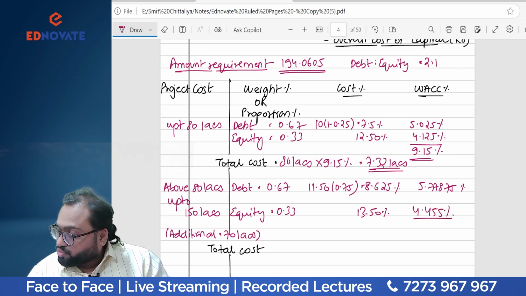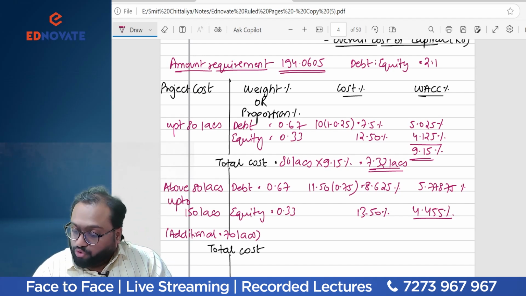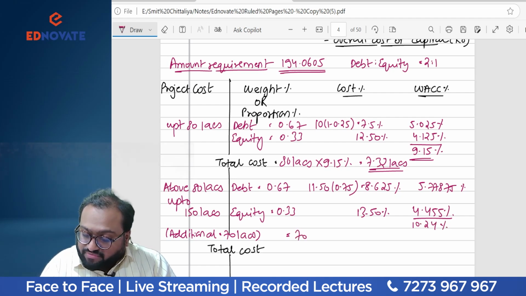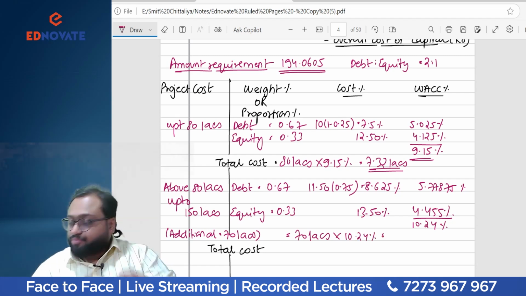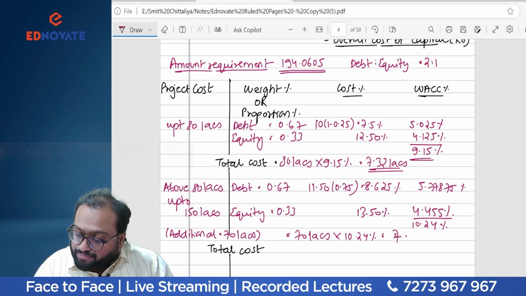The total comes to 5.77875 plus 4.455, which will be 10.24%. I'll take 2 digits. Now for this additional 70 lakhs, how much cost will you need to incur? 70 lakhs into 10.24%, which will be 7.168 lakhs. Are you understanding?